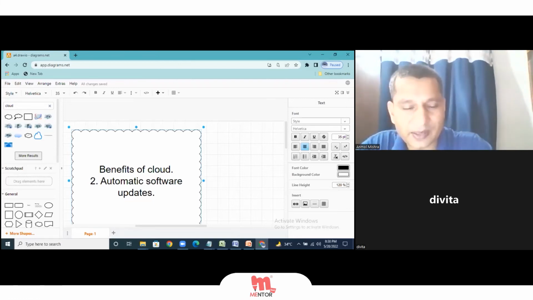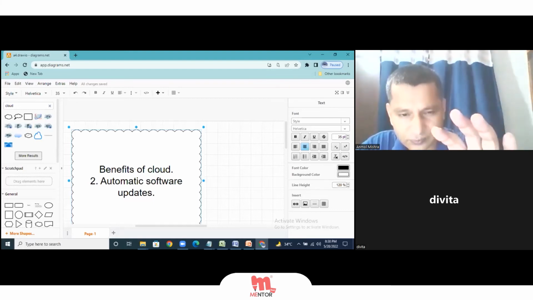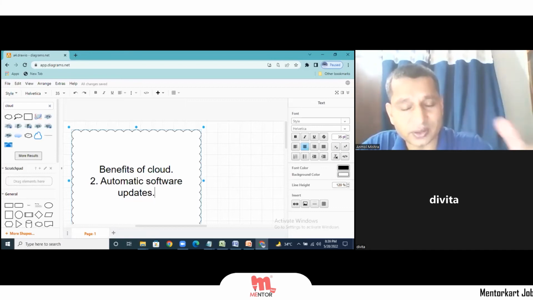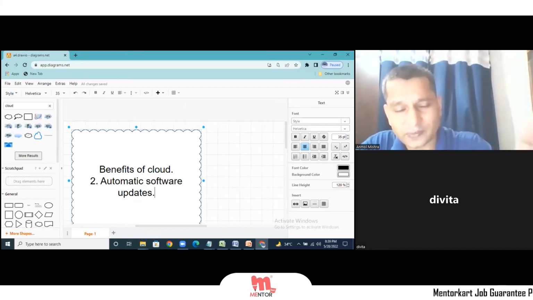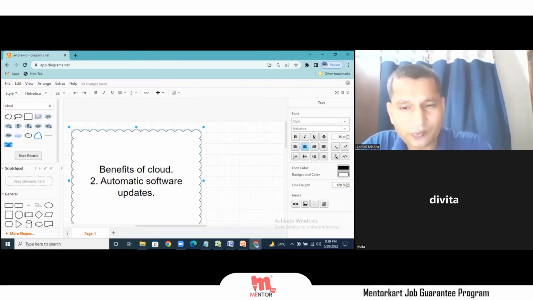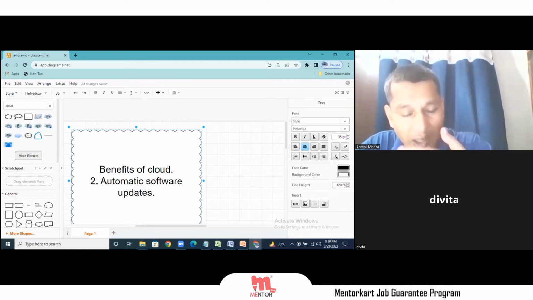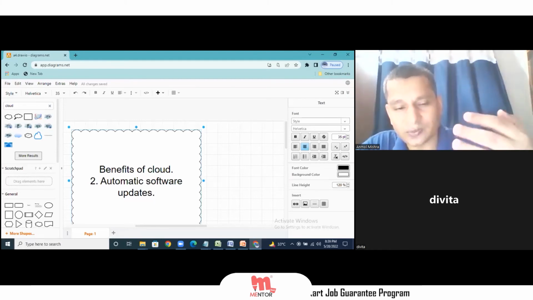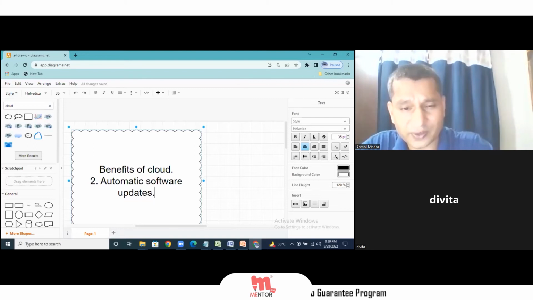For example, we have purchased Windows 10, or Windows Server 2016, 2019, 2013. So Microsoft teams in the background are checking how we will improve our software, how we'll remove the glitches, how we can modify our software so it will work properly.